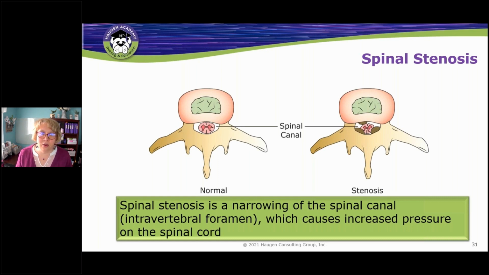Can this occur with other conditions? Absolutely. This can occur with osteoarthritis or spondylosis. This can occur with any type of disc disease. So I don't think there are any excludes one notes for spinal stenosis with other spinal conditions. It's something we should pick up.